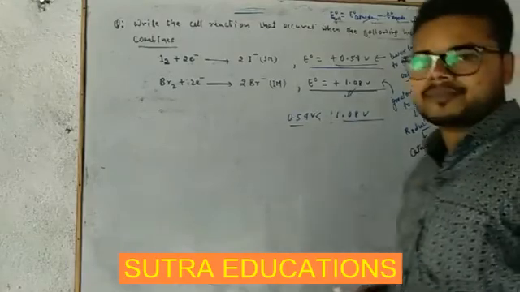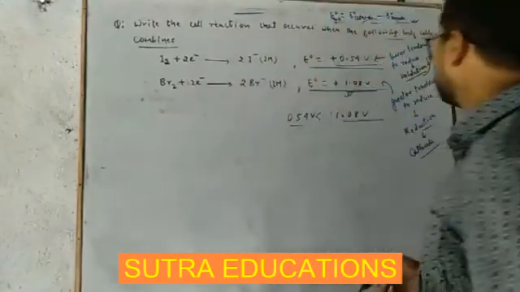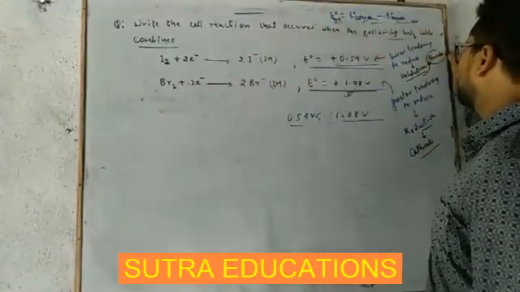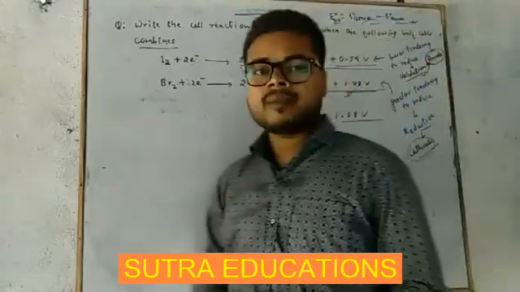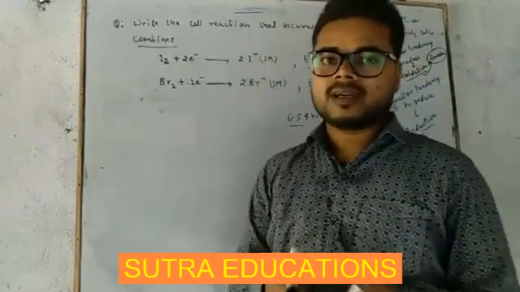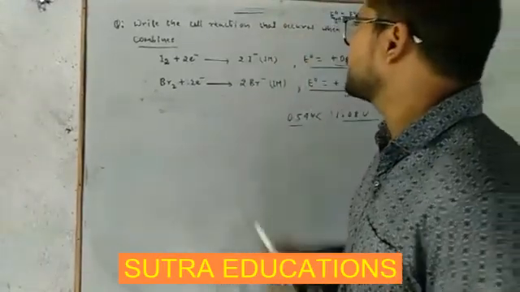Got it? So we have come to know which one is going to act as anode and which one is going to act as cathode. So now we will be writing the cathode half cell reaction, and anode half cell reaction, and finally we have to write the cell reaction now.